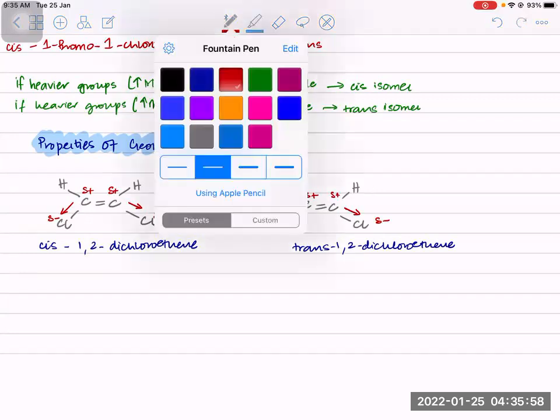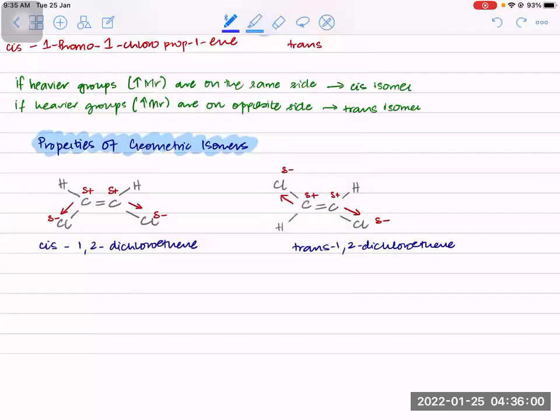Therefore the dipoles do not cancel out completely, but still the resultant dipole will be weak. Or for the sake of this question, you can just say the dipoles cancel out because they're in opposite directions.